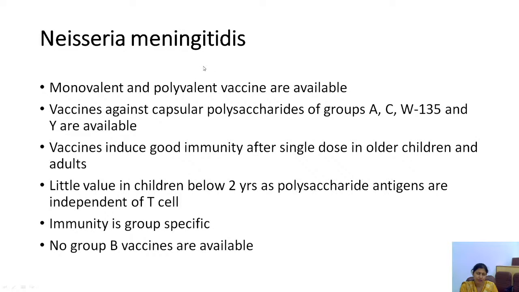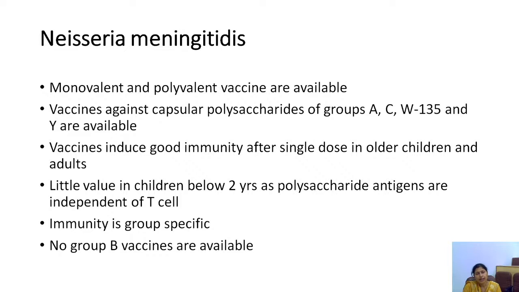it is also a gram negative diplococci. It also has a polysaccharide capsule, and not exactly a capsule, the cell wall has polysaccharide as well as a capsule of polysaccharide. So monovalent and polyvalent vaccines are available.